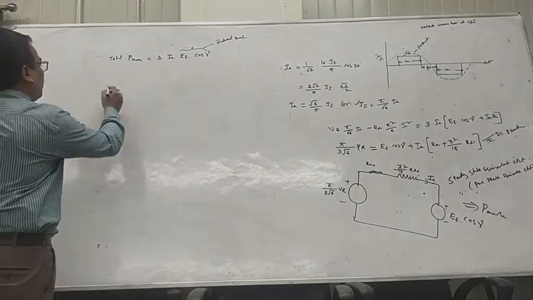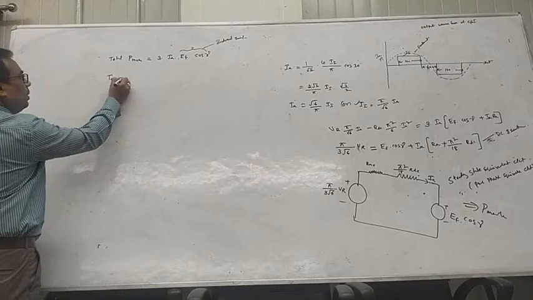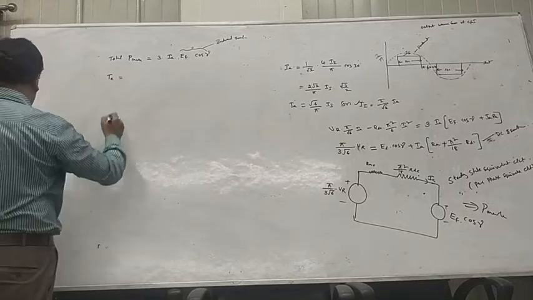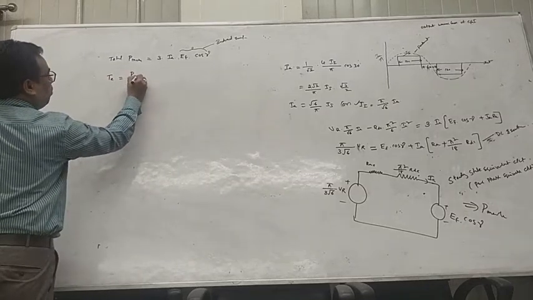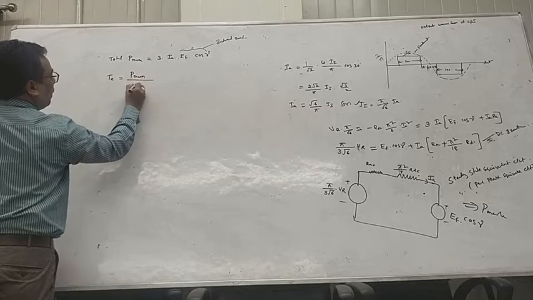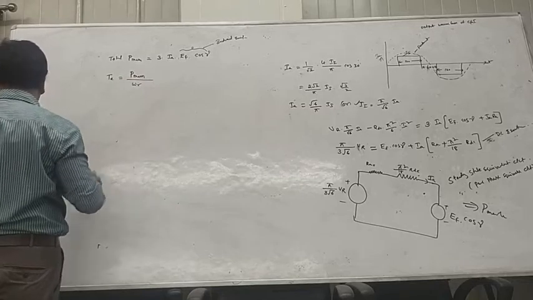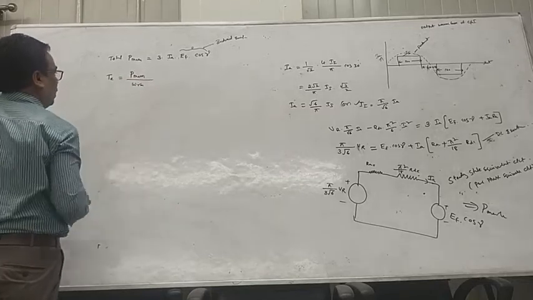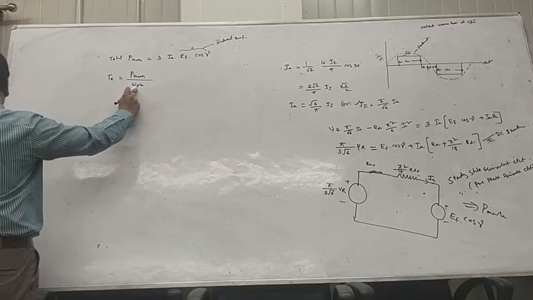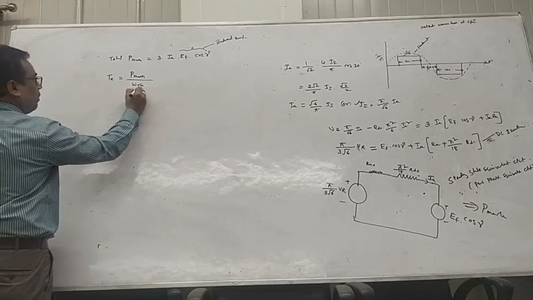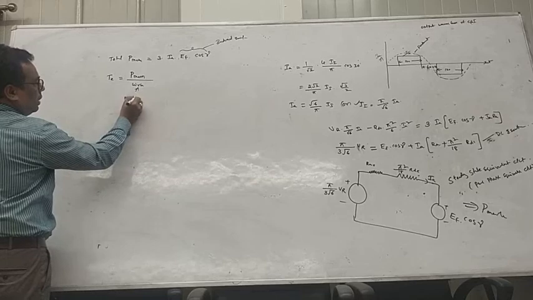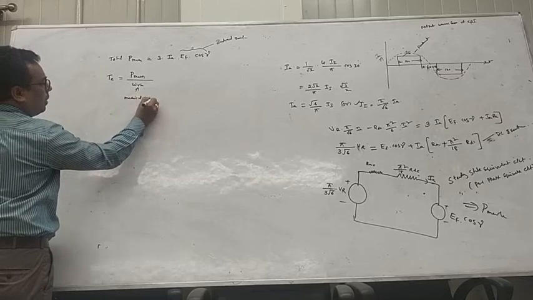As you know, the torque developed TE is equal to P mechanical by omega Rm. This omega Rm is the mechanical speed.